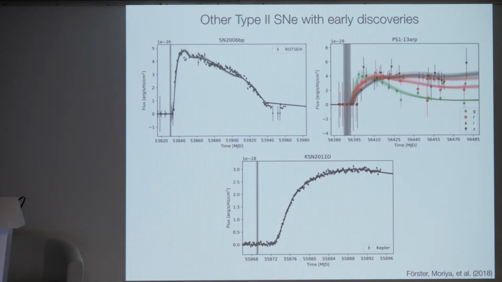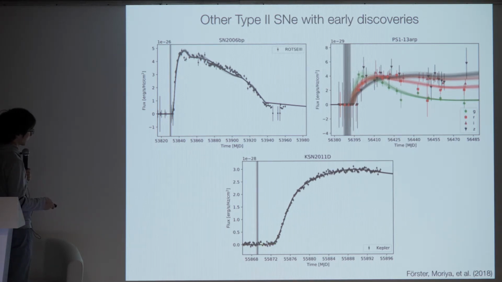And yeah, that was 26 supernovae found during the survey, but of course we can try to fit some type 2 light curves discovered in different surveys just after the explosion. This is one light curve discovered by the Kepler satellite.